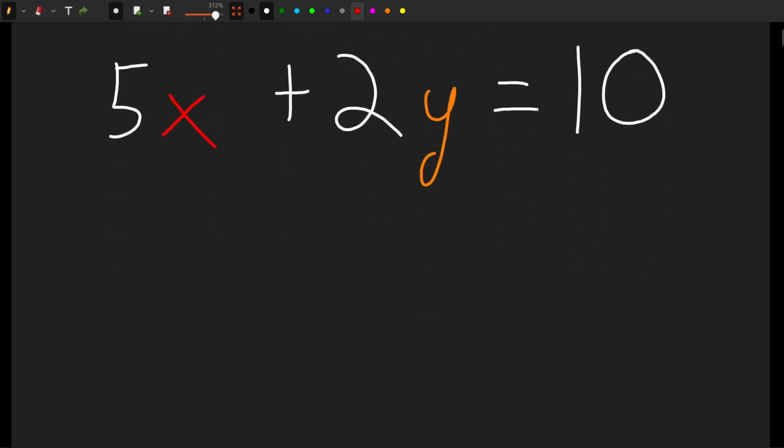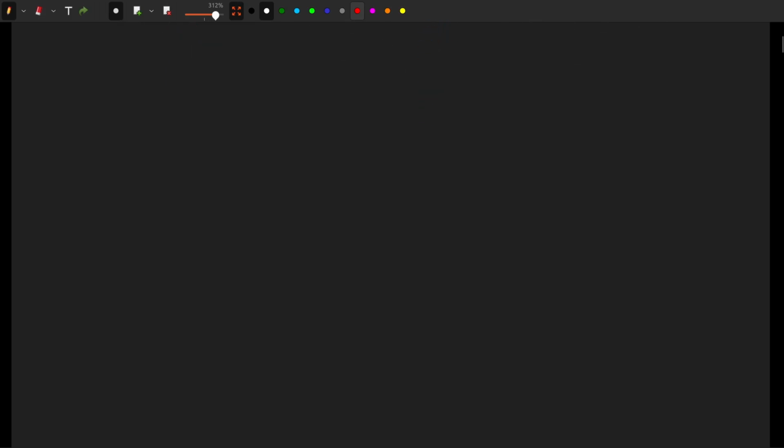We need to understand a few major forms and a few main topics about an equation in two variables. The first thing is the standard form of a linear equation in two variables.